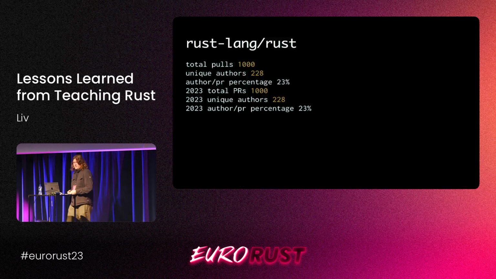So 228 people did their first pull request this year. It doesn't quite work because it's only for this year and it's a limited number of pull requests, but we can roughly see the statistic I'm going for here. So about 23% unique contributors here, which is not a lot. I can only guess why, and it's probably that the Rust project is really complex, or at least it seems that way to a lot of people.